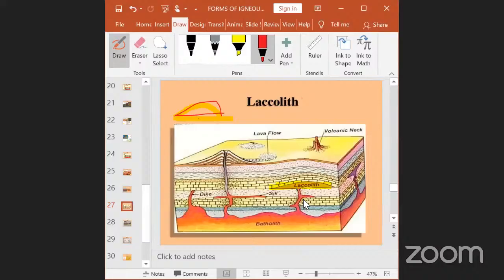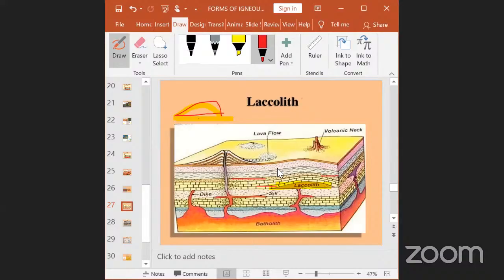When viscous magma is injected along bedding planes, it cannot spread easily, so it pushes up the overlying rocks and piles up more at that place, where it reaches the bedding plane, and thins out away from it.